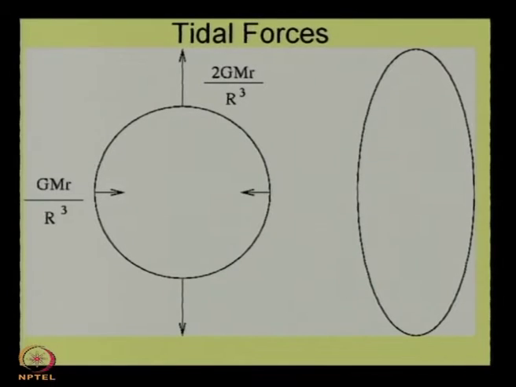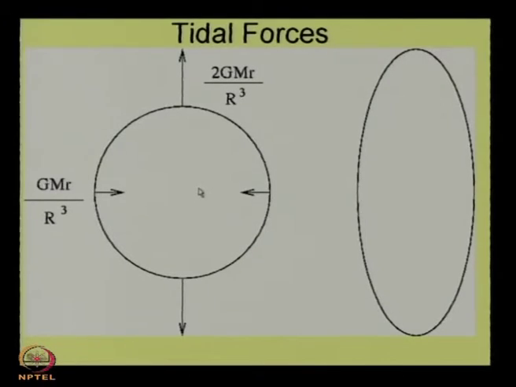Okay. But that acceleration has a different pattern on the surface. If the moon is up here or down here, see, it is symmetric, then the acceleration is outwards along the direction of the moon, and it is inwards perpendicular to the direction of the moon. Okay.